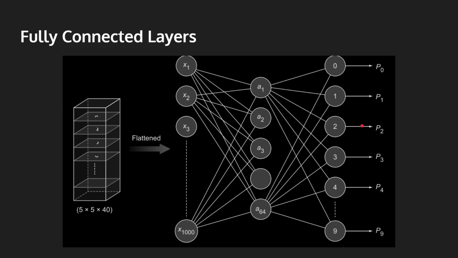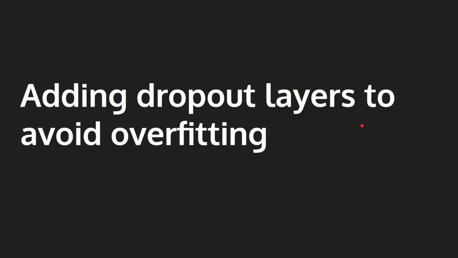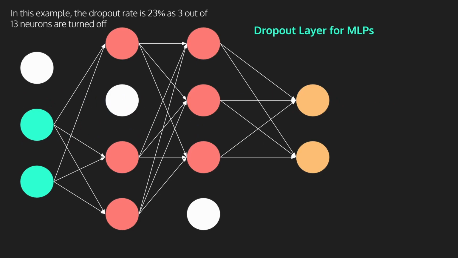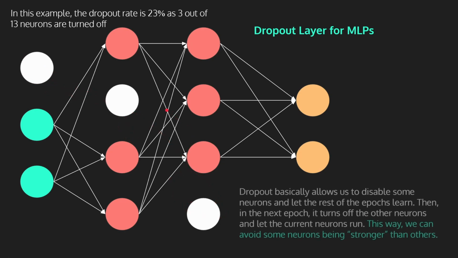Okay, now let's talk about adding dropout layers to avoid overfitting. So what are dropout layers and what is overfitting? Overfitting basically means that our model is fitting too well on our training data and won't work well on new data. A dropout layer is one of the most common methods used to prevent overfitting, right? We're basically deactivating certain nodes, and it allows us to deactivate random nodes every epoch.